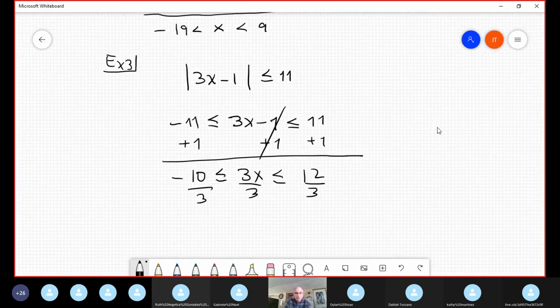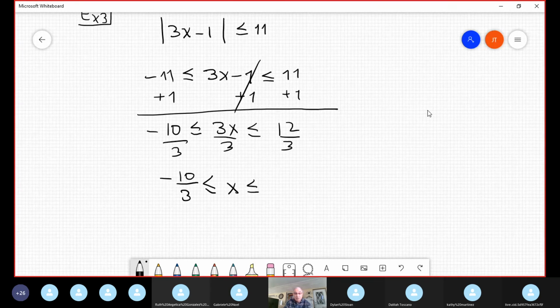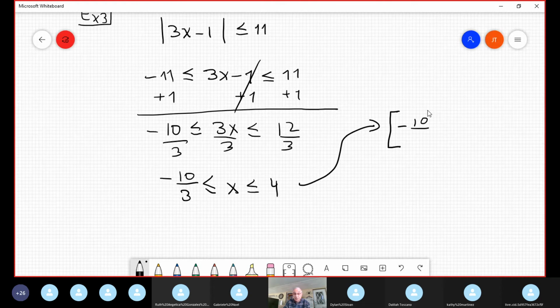So we have, well, it's a fraction: negative 10 over 3 less than or equal to x less than or equal to 4. So present always, guys, in interval notation, it's brackets because it includes the endpoint: negative 10 over 3, 4. Both brackets. Do you understand the brackets? Because it includes the endpoint. When you see equal, bracket. When you see no equal, parenthesis.